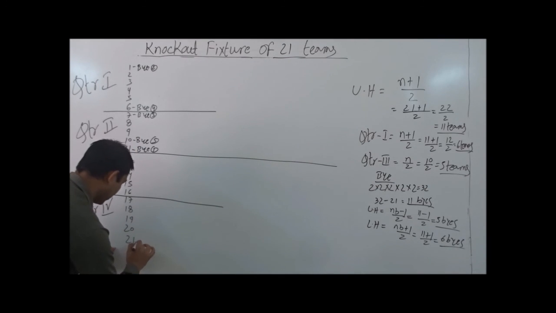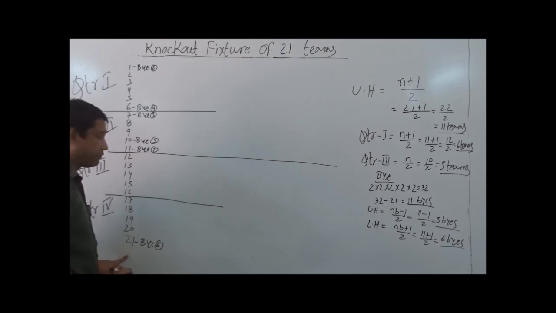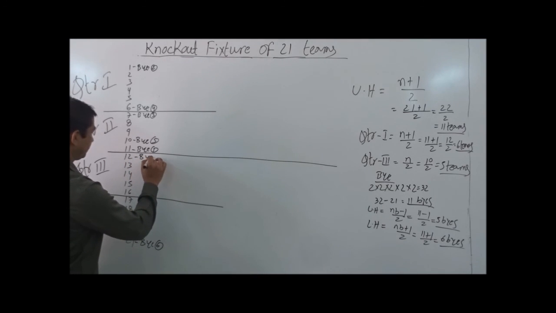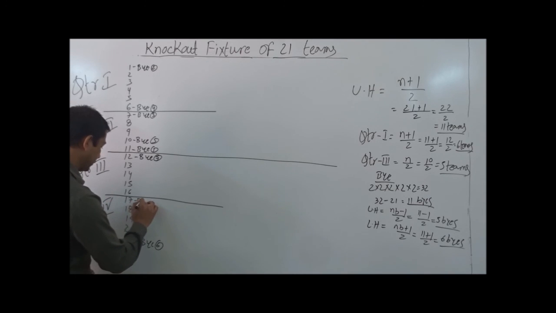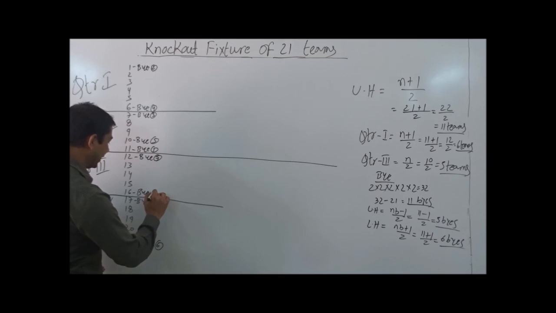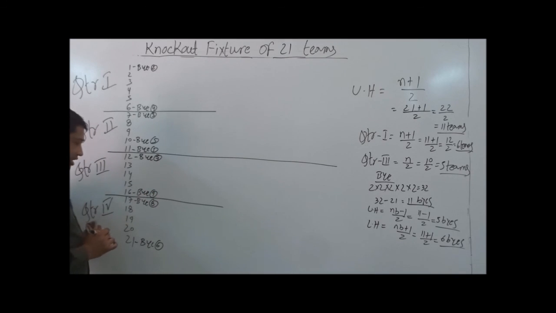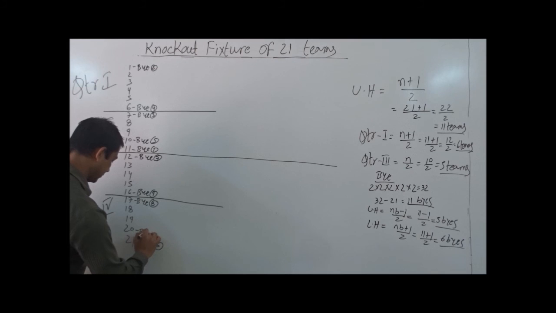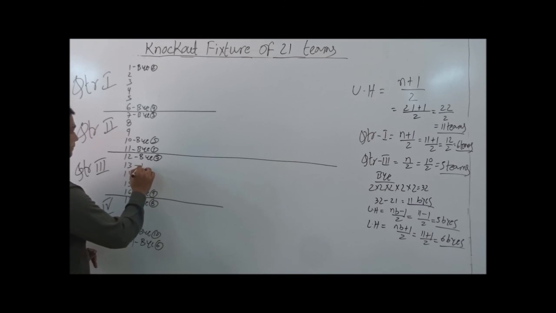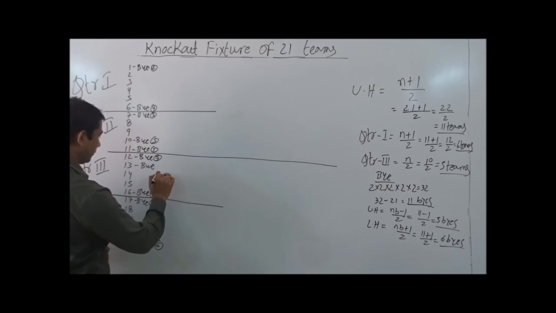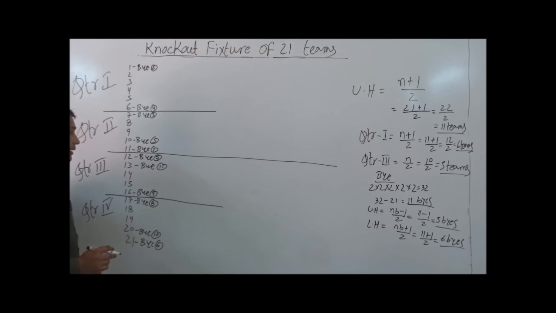So bye 6 to team 21, bye 7 to team 12, bye 8 to team number 17, bye 9 to team number 16, bye 10 to team number 20, bye 11 to team number 13.